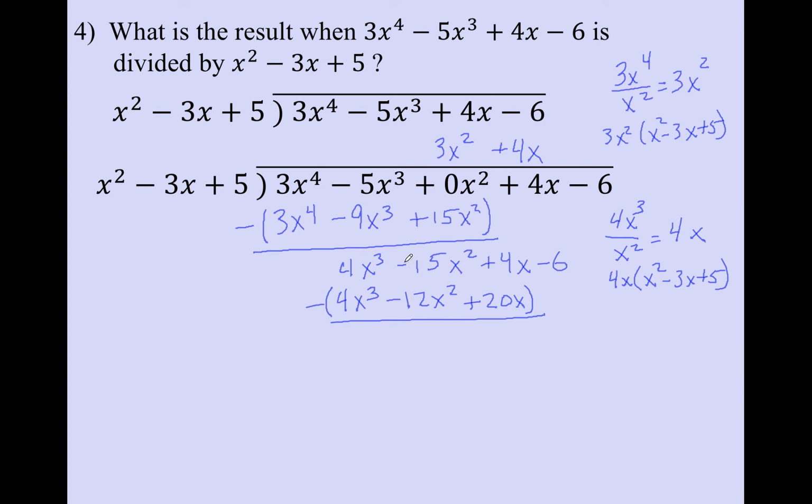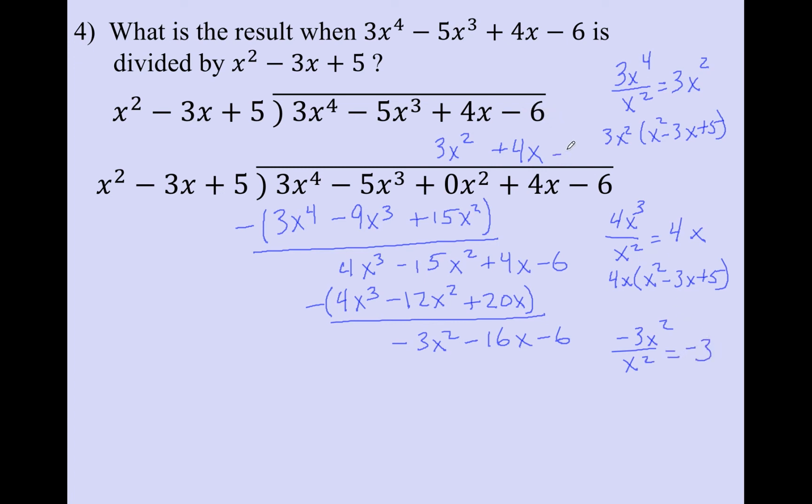They cancel. Negative 15 minus negative 12 is negative 3x squared. Positive 4 minus 20 is negative 16x. Bring this down. Repeat the process. Negative 3x squared divided by x squared. That's equal to negative 3.